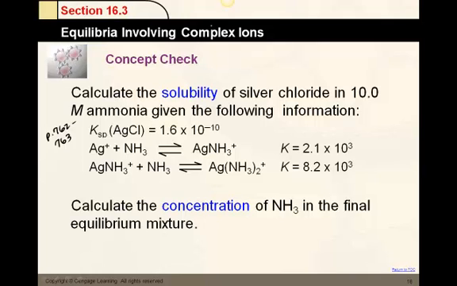The idea is silver chloride has a Ksp value of 1.6 times 10 to the negative 10. In an earlier video, I showed you that this has a solubility of 1.3 times 10 to the negative 5 molar. Remember, that's where we solve for x.